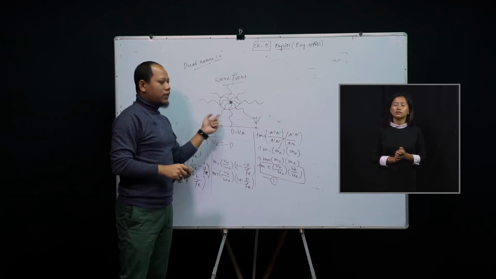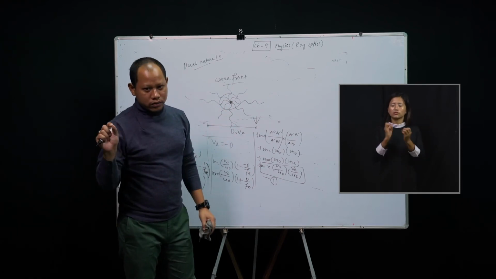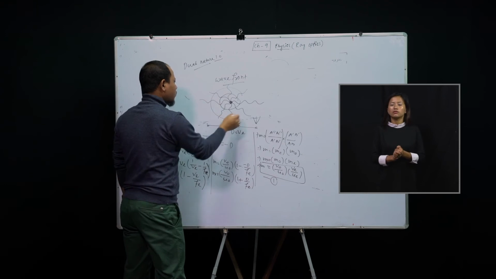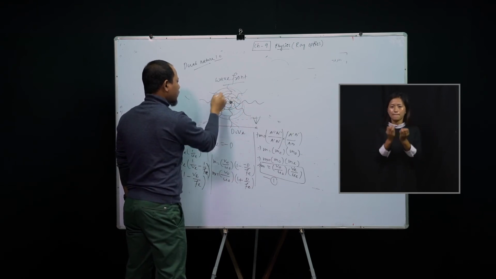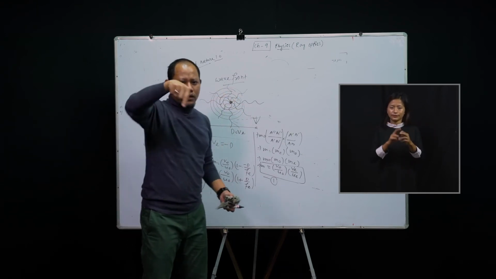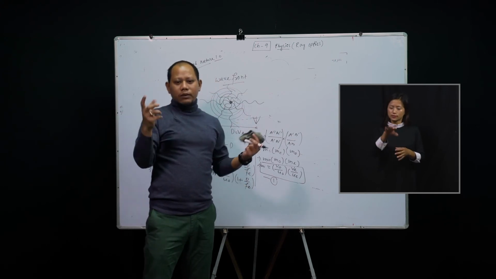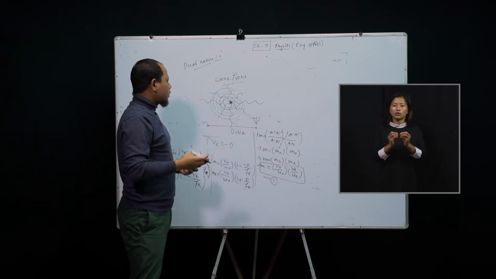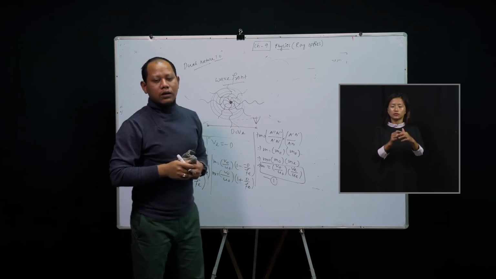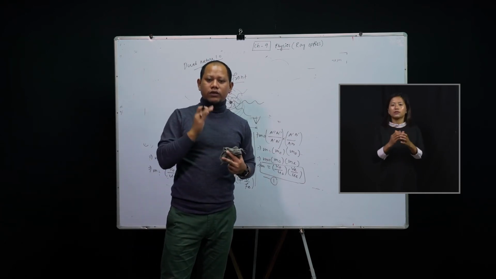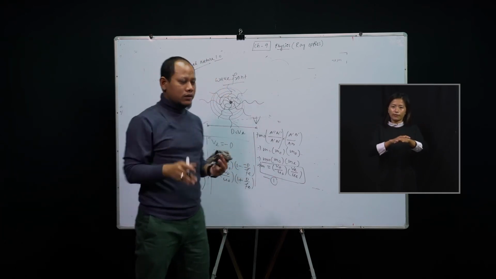Here I will get a spherical wavefront, because this is a point source, and we will get infinitely many wavefronts like this. In 3 dimensions, you will get a spherical wavefront. So what is a wavefront? It is the locus of all the particles of the medium which are vibrating in the same phase.